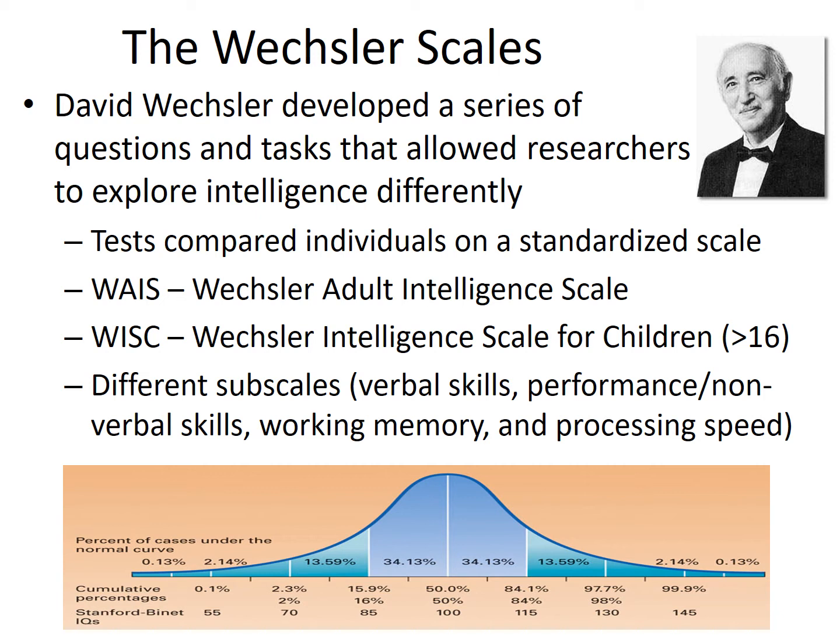And to differentiate the score for somebody who, say, earns 130 versus 115, or I should be more precise, the difference between somebody who scores a 130 versus a 145 on these Wechsler scales, the differences in their performance is minimal at best.